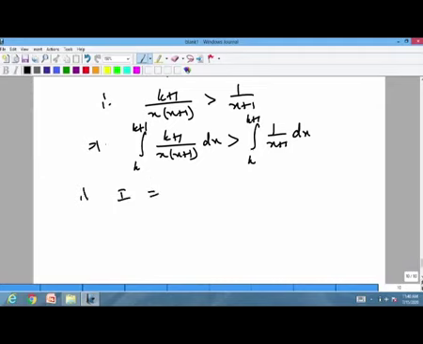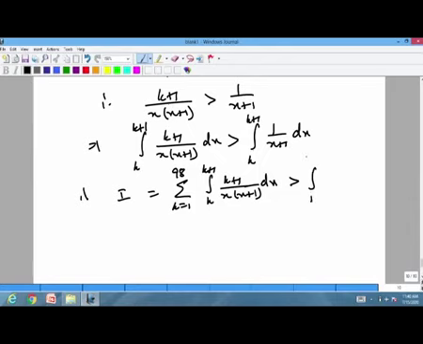I, which is summation of this k equal to 1 to 98 of integral k to k plus 1, this is bigger than integral from 1 to 99 of 1 by x plus 1 dx.